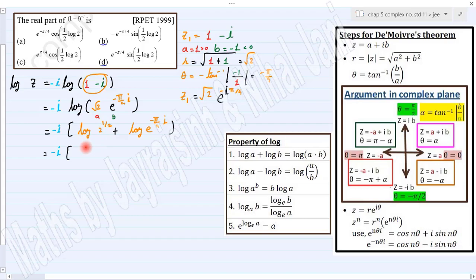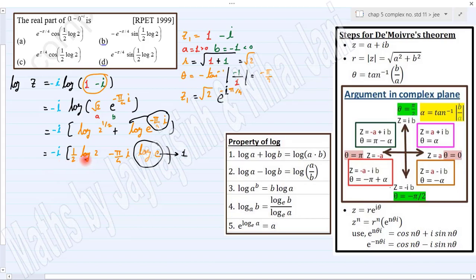So, if we apply the property of log, we can say 1 by 2 will go within the multiplication of log. Similarly, your minus pi by 4i will also go within the multiplication of log. So, you will get minus pi by 4i log of e. And we know that log of e is nothing but 1. So we get the simplest form.